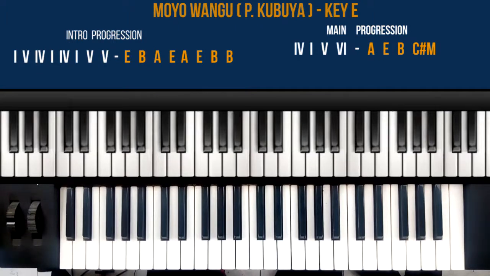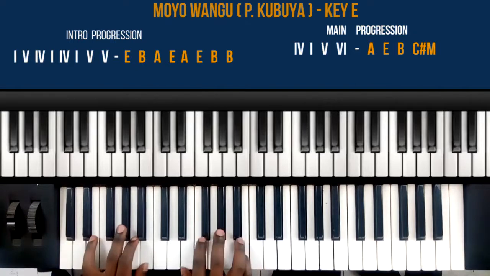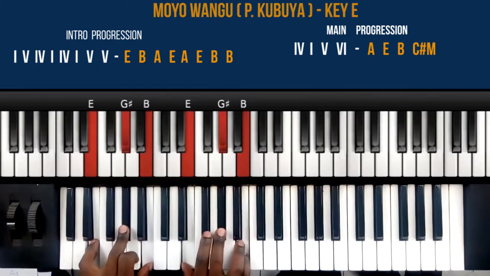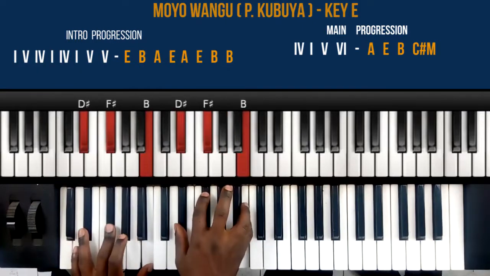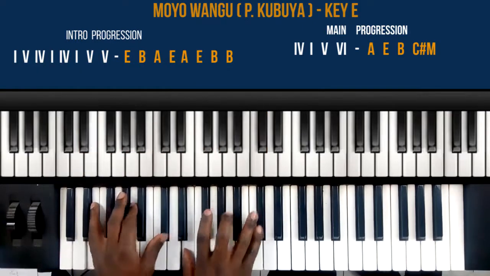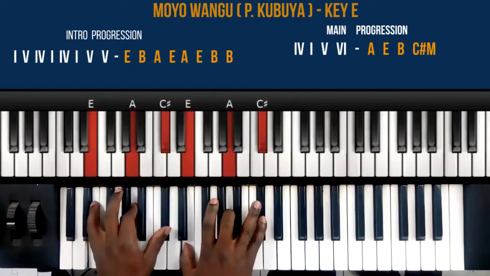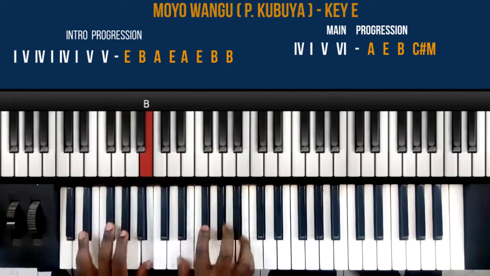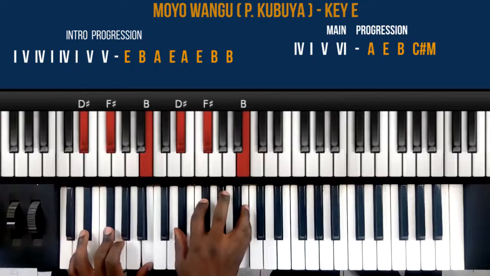Right now I'm going to go slower and be more detailed for those who are beginners. So, key E. The intro progression is 1, 5, 4, 1, 4, 1, 5, 5.